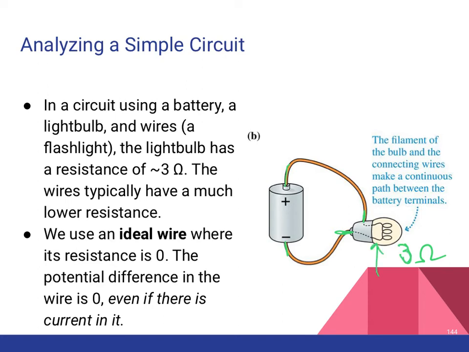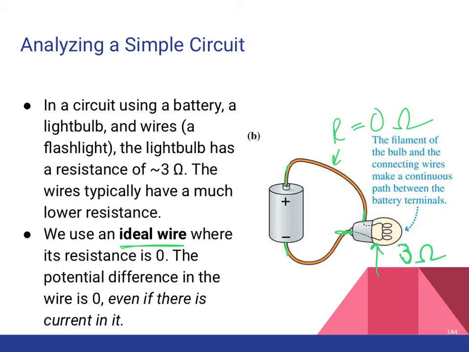Now, we did a whole section about understanding the resistivity within a wire, and we know that this wire does have some type of resistance, but in physics, when we're analyzing this, we call this an ideal wire, and we're going to say that the wire resistance, the internal resistance, is 0 ohms. It's so small that it doesn't matter.